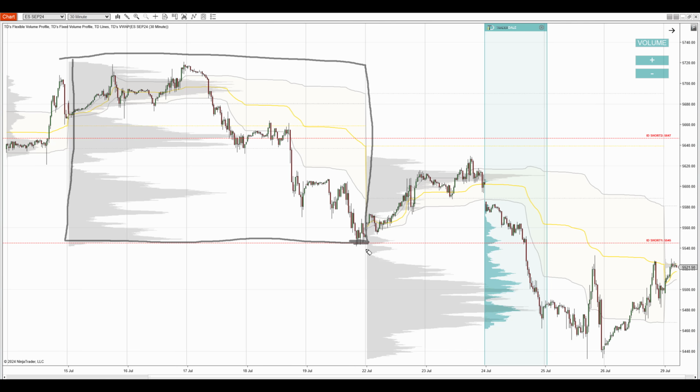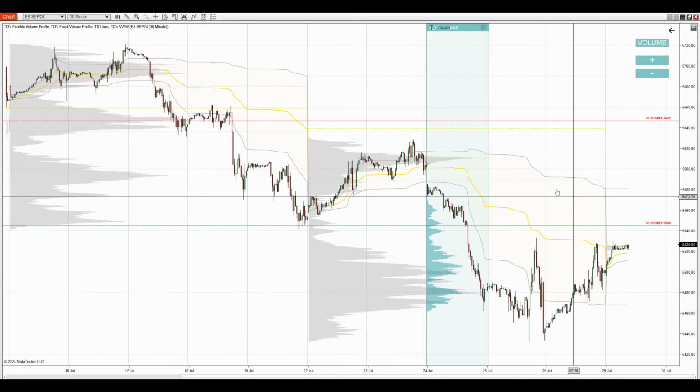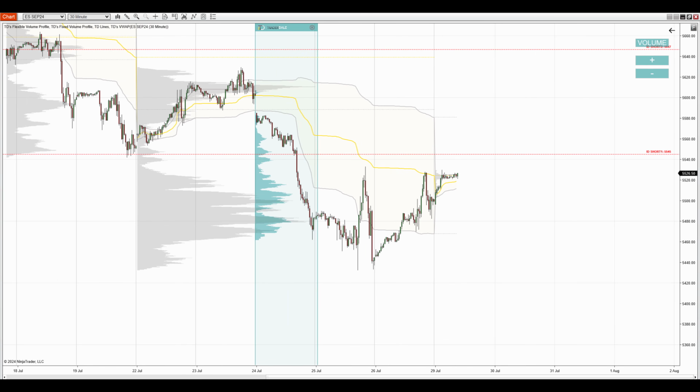There was a very strong reaction exactly at our level, which means it was a strong support. Now, when the price blew past that support, the support turned into a resistance, and that's the other thing that adds strength to that level.